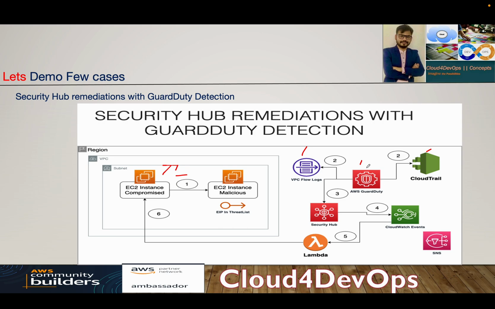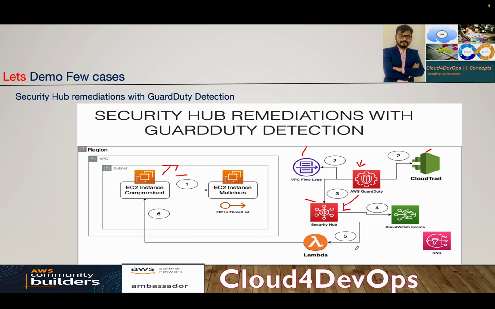Now, since GuardDuty is just detecting the environment, the scans and the issues, there is a functionality within Security Hub where you can integrate with a different service to remediate the issue. So in this scenario, we take the finding of GuardDuty and send it to Security Hub.